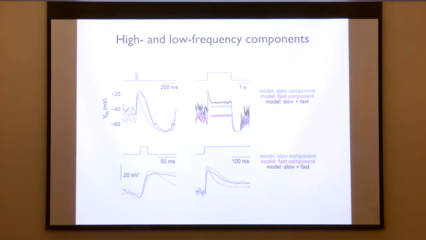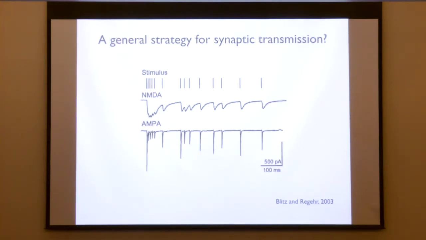So here we've taken the measured properties of those two currents and built a model with two components. And so you can see that the two components together, shown in black, are able to give you a more persistent response to a long stimulus. In particular, the slow component gives you this persistent response, whereas the fast component gives you this rapid onset to a brief pulse. And this is very reminiscent of what goes on in vertebrate synapses at glutamatergic synapses, so a different transmitter.